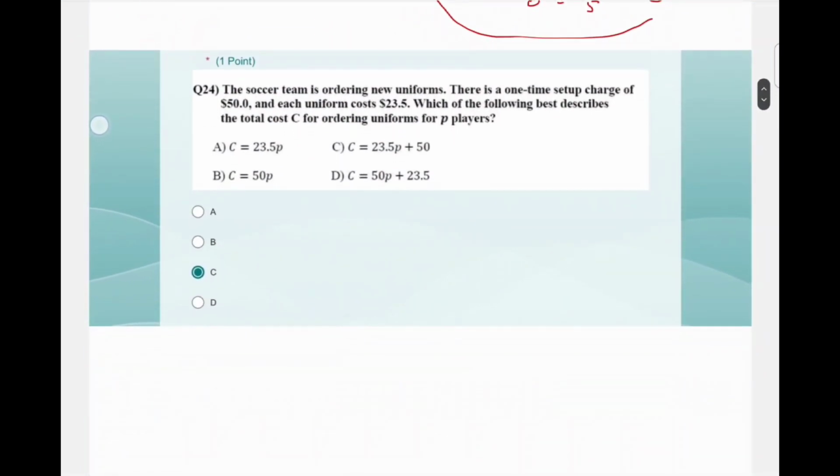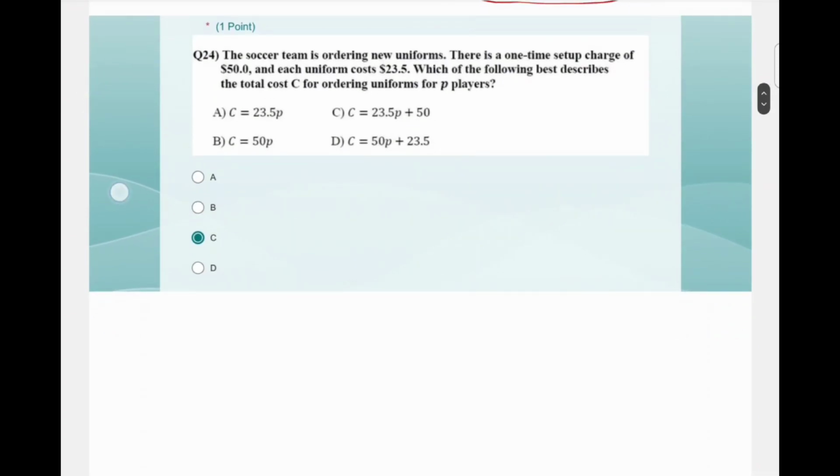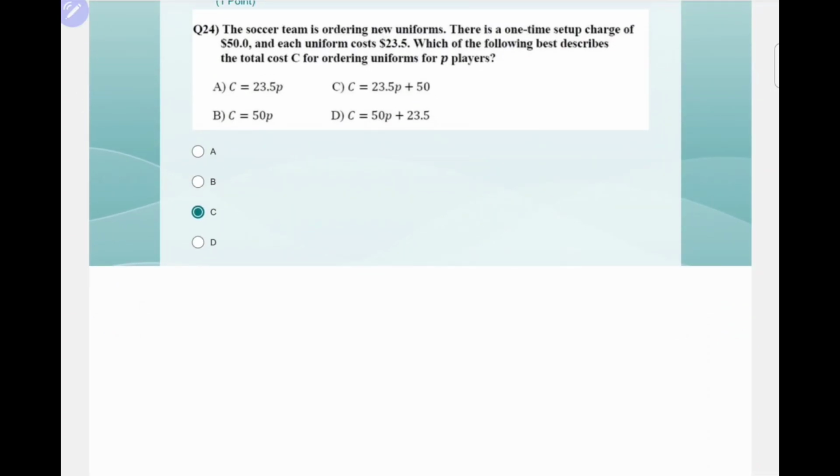Now let's see the second question. In this question, we have a soccer team who wants to order a new uniform. And it tells you that there is a one-time setup charge of $50. And each uniform costs $23.5. Which of the following best describes the total cost for ordering uniforms for P players?